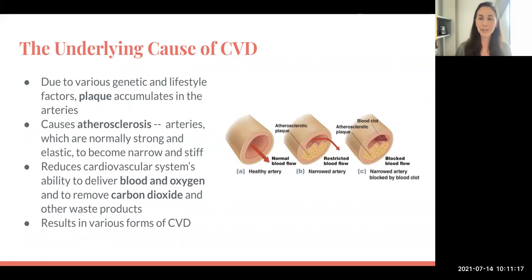And you've probably heard this term before if you've seen a commercial about high cholesterol, or maybe even when you've gone to the dentist and they say you have plaque in your teeth. That's the same kind of plaque in your blood vessels, which is actually why dental hygiene is really important for cardiovascular health. Go figure.